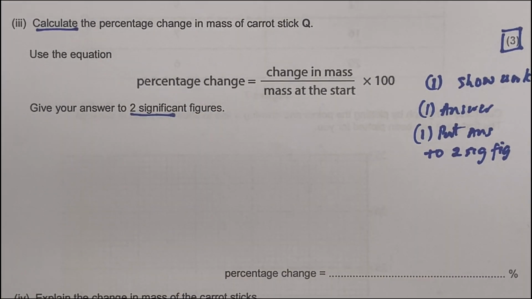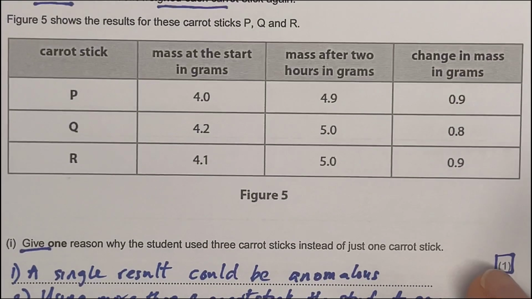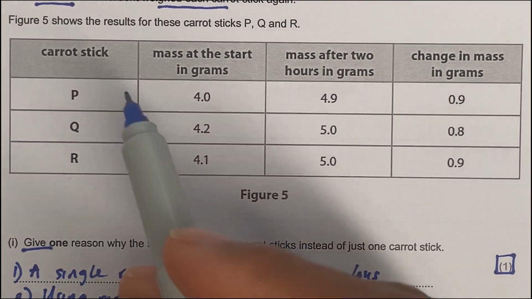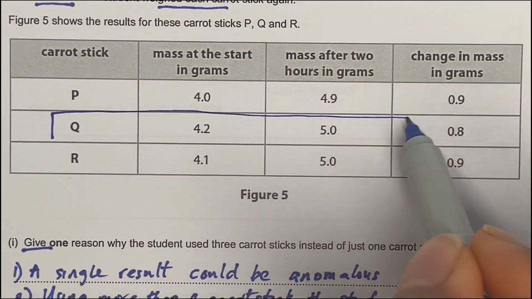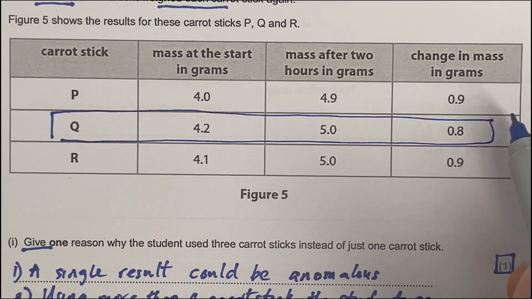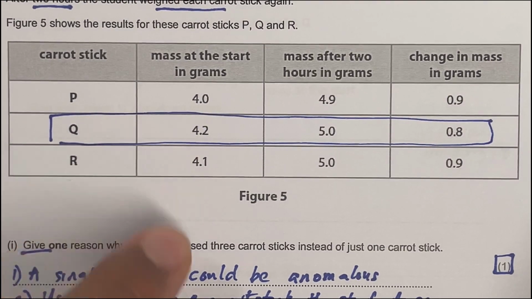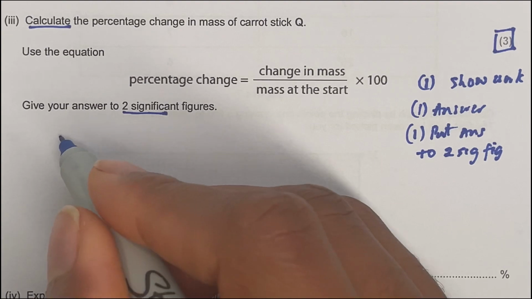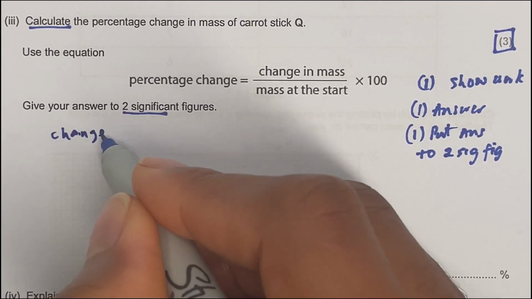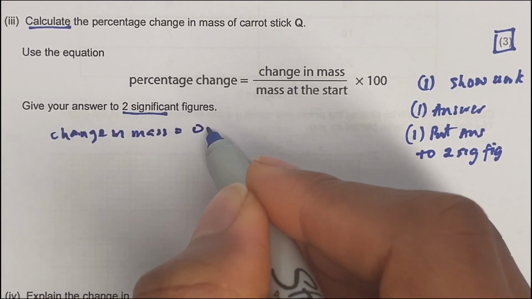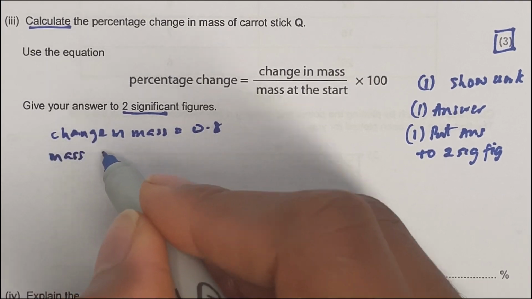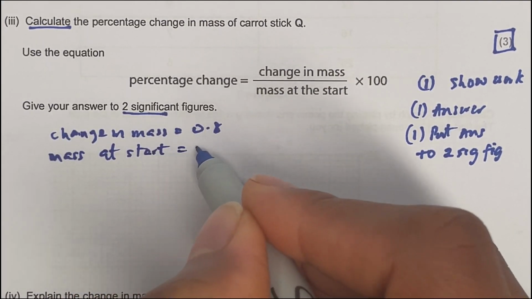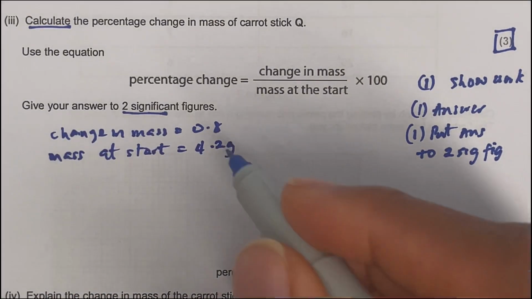And step 2 says calculate. So I need to use the values given to me. If I bring back this table, we are looking at carrot stick Q. So we can see the mass at the start is 4.2. The mass after 2 hours is 5. The change in mass is 0.8. Change in mass is 0.8. Mass at start is 4.2 grams.